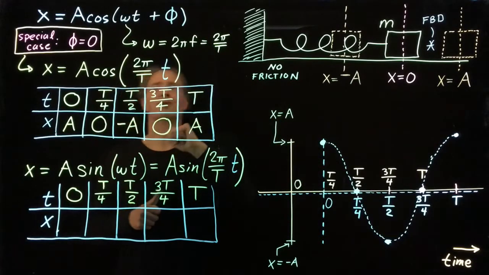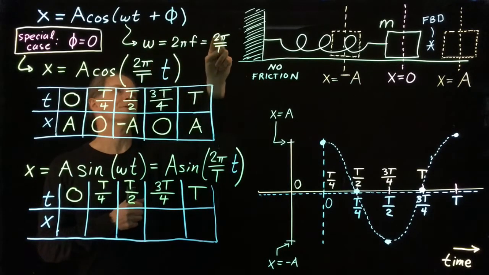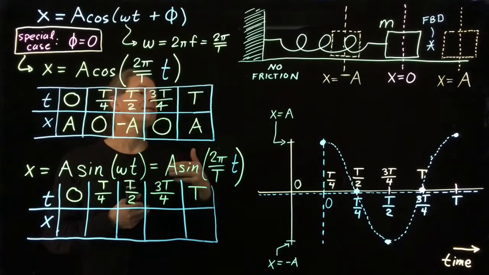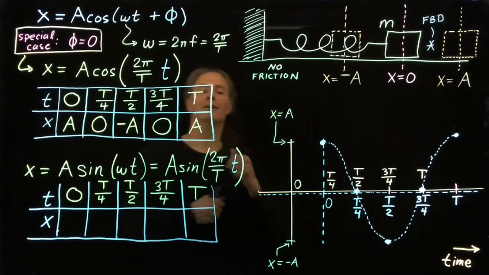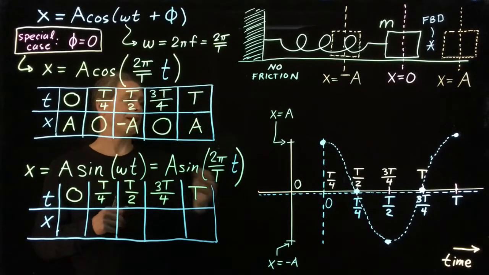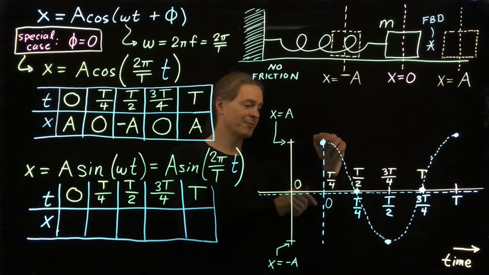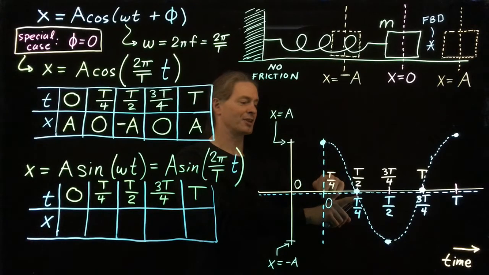We provisionally assumed that this omega is in fact the angular frequency, which would mean it's equal to 2 pi over the period. Well, let's just check. Does the mass go through one full oscillation in one period? At time 0, the mass is at x equals A. At 1/4 of a period, the mass has gone down.